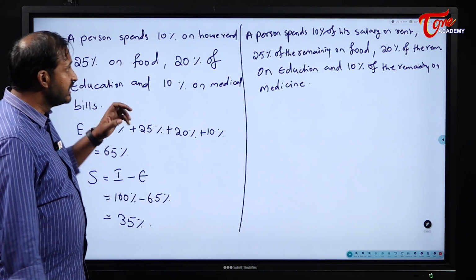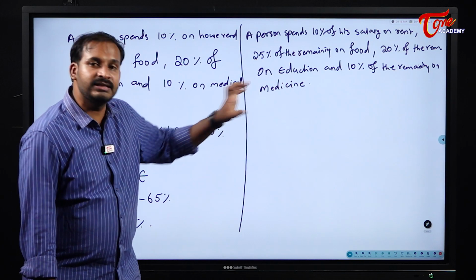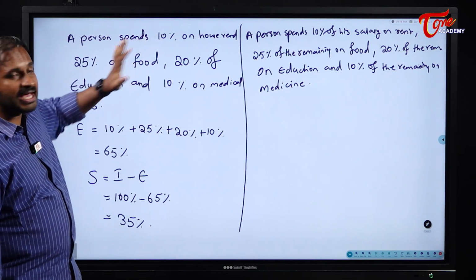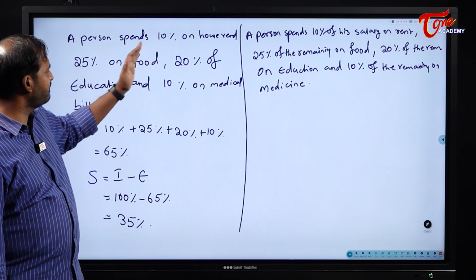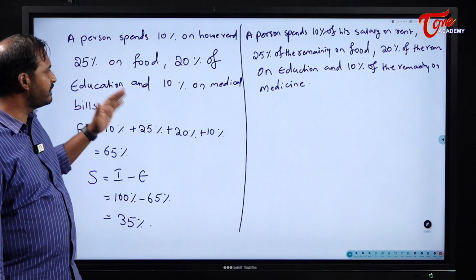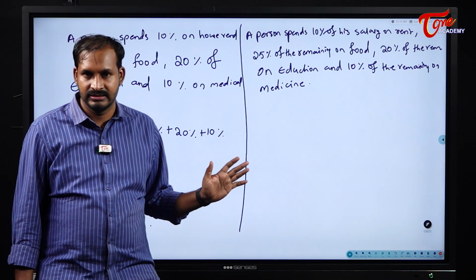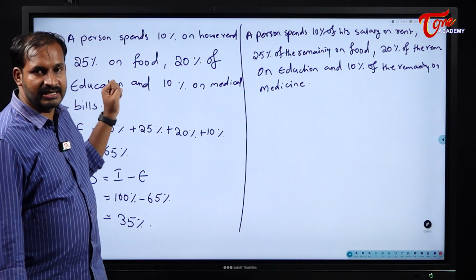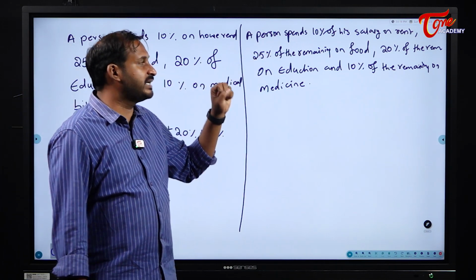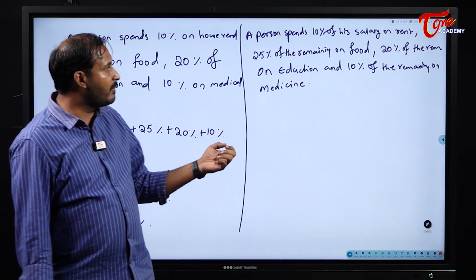Please observe here, students, there is a lot of difference between this one and this one. Here the thing is direct. He is spending 10% on house rent, 25% on food, 20% on education, 10% on medical things. So here everything is directly given. But here, he spends 10% of his salary on rent, then 25%.